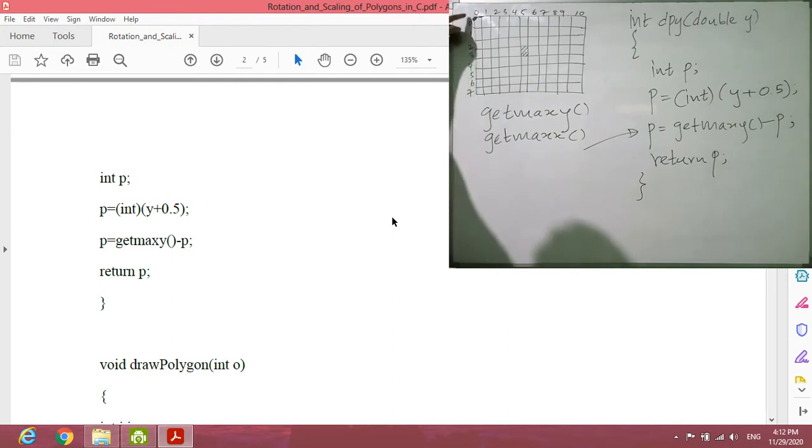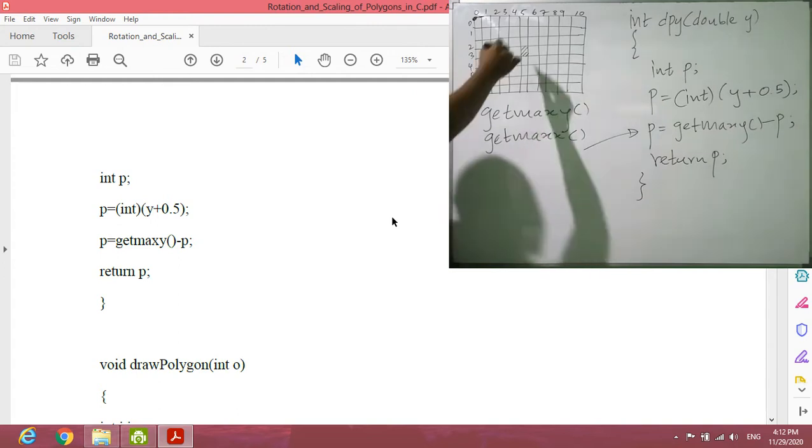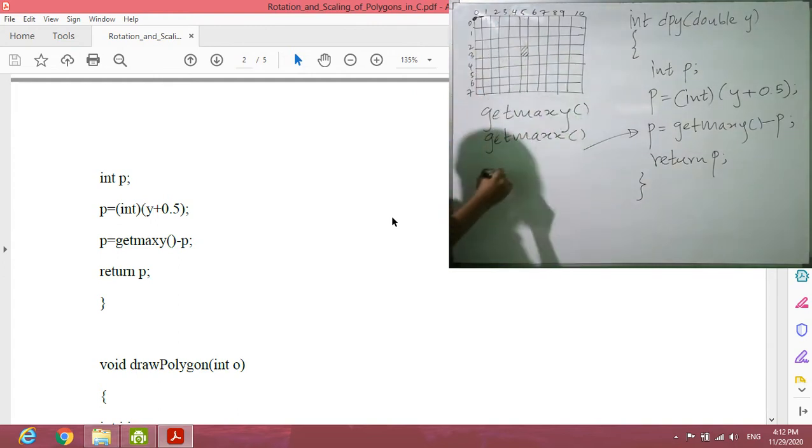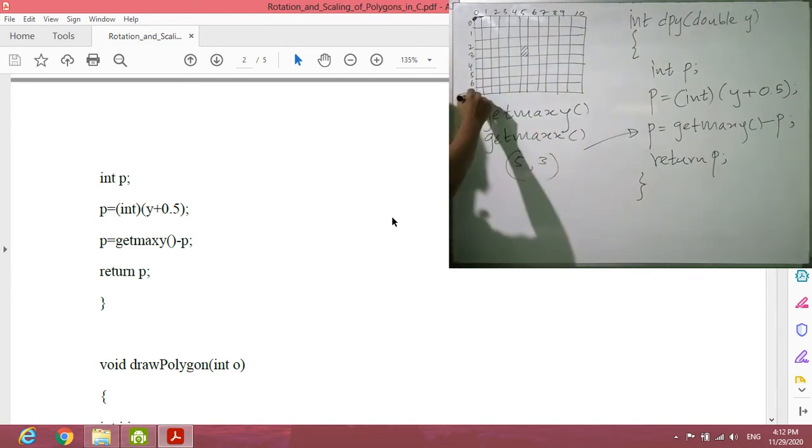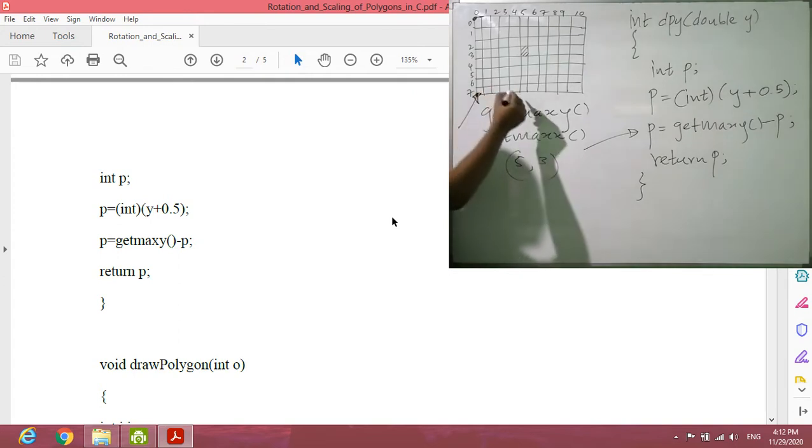In this situation, let's say the origin is here. The actual coordinate is 5 comma 3. But if you want to consider the origin as here, what is this?